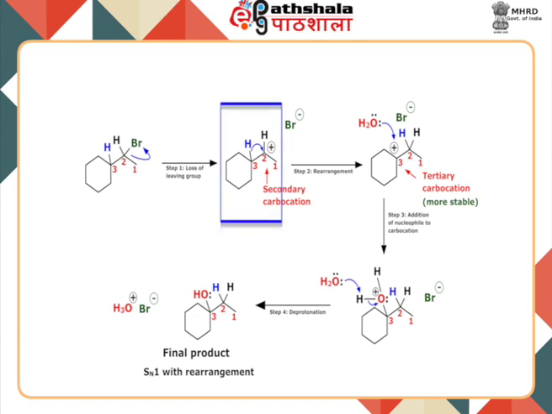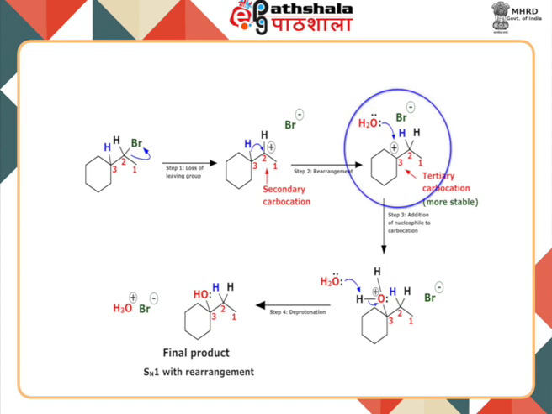So as this hydrogen gets shifted here, it will lead to the formation of this tertiary carbocation which is more stable. And after this, the nucleophilic attack will happen. So you can see the water will attack as a nucleophile on this C3 position.